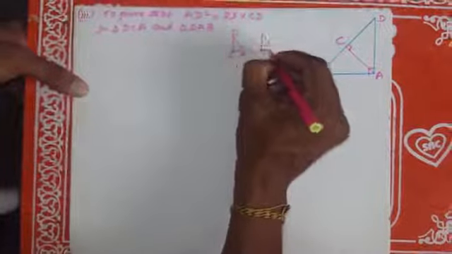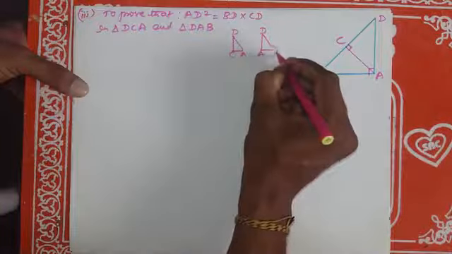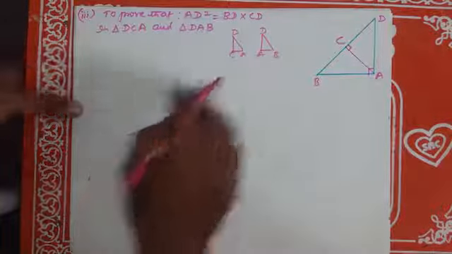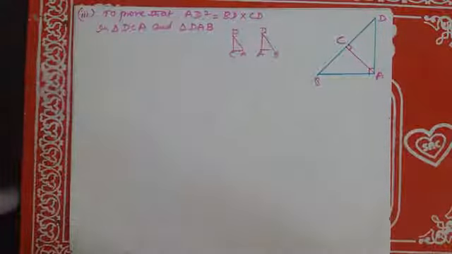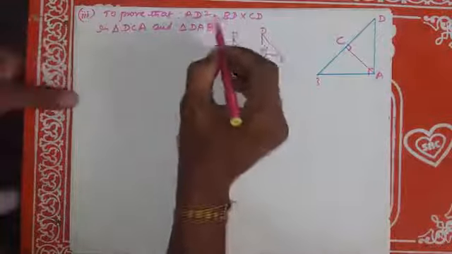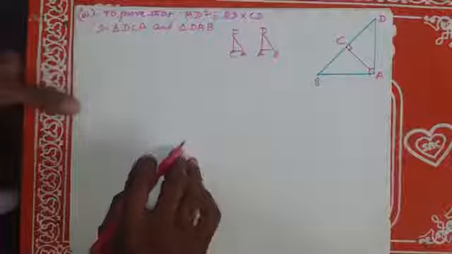You can make them separate like this, and you will find it very easy to write the corresponding ratios. Then only we will get AD square is equal to BD into CD.